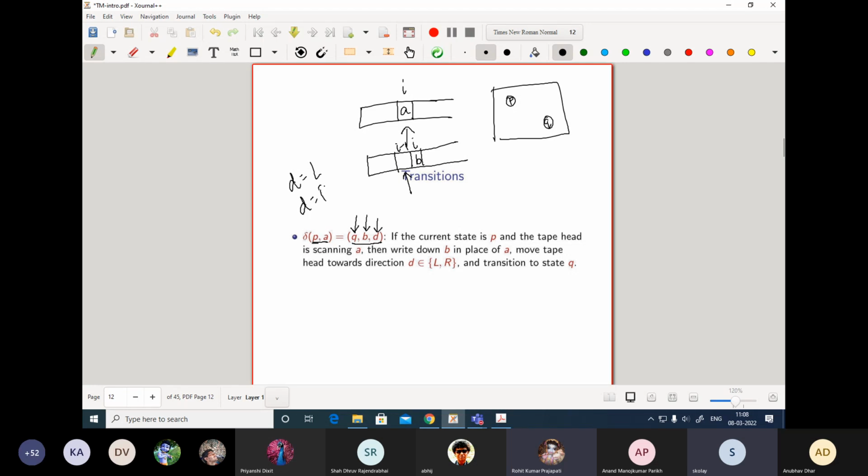If D is equal to R, it will be pointing at the (i plus 1)th cell. And you will have made a transition from P to Q in the finite control. So this is the meaning of the transition.